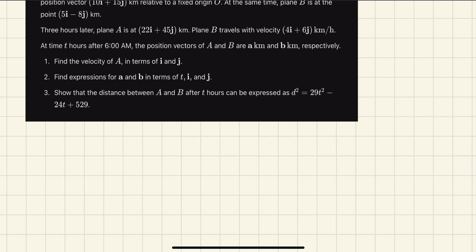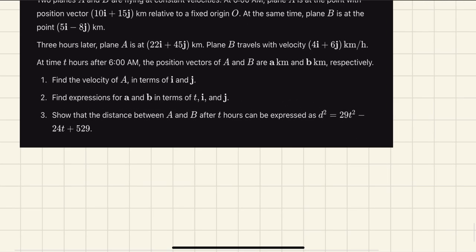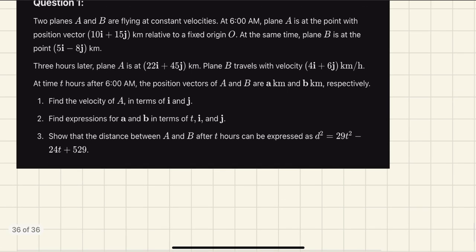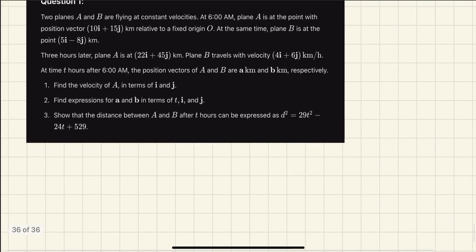I don't really like writing i and j, I find it confusing, so I like to do it in component form and then at the end convert it to i and j. I don't think the teacher would ask you to specifically write it in i and j, because in class we did component form for most of it, and i and j was only mentioned once or twice.